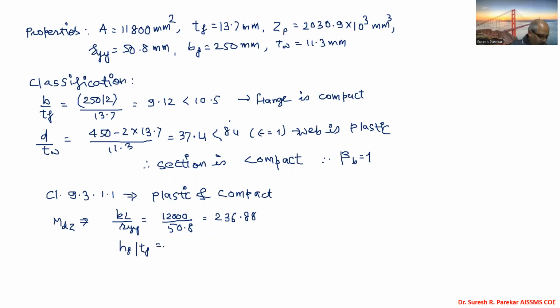Then we have hf upon tf. So hf we have 450 minus 2 into 13.7, divided by the value of TF, 13.7, and this value comes 31.85.